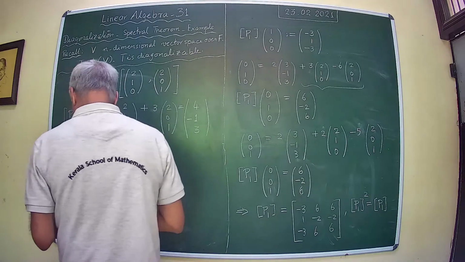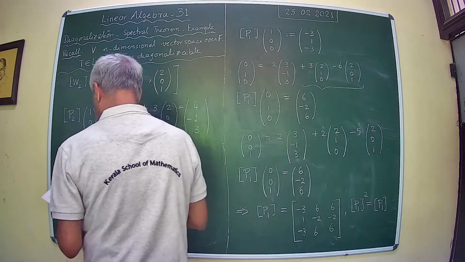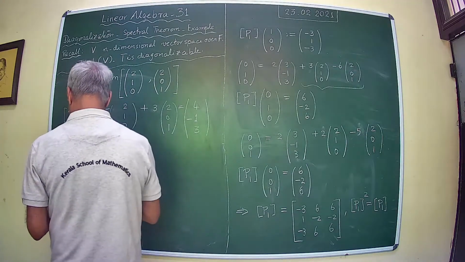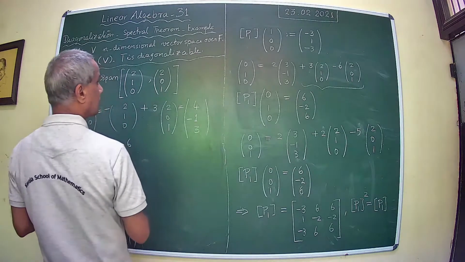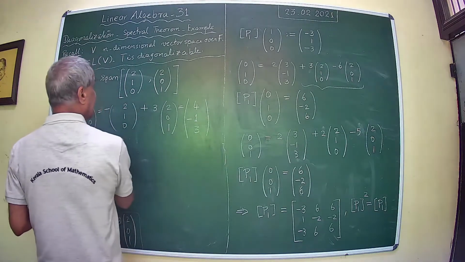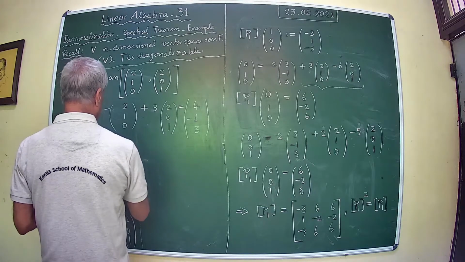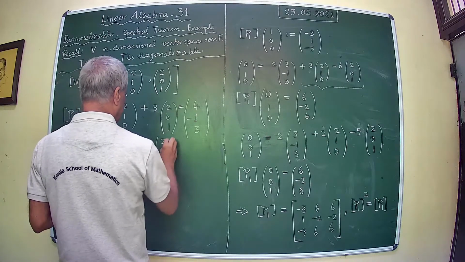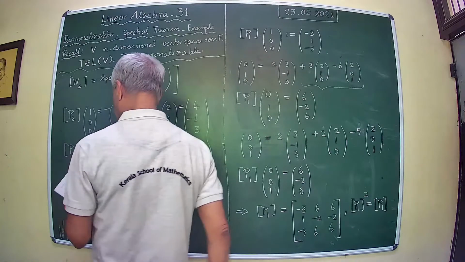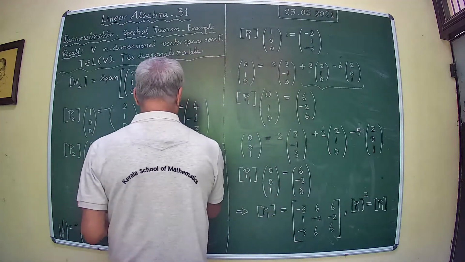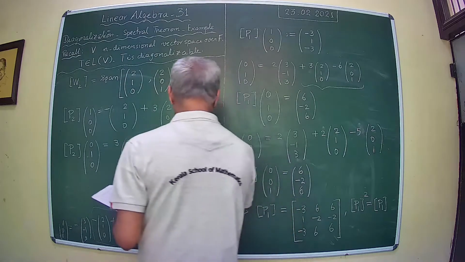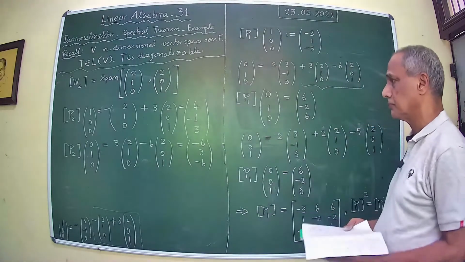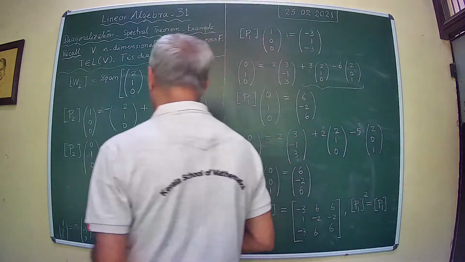So this is equal to, in fact, minus 6, or if you want I can write 3 times (2, 1, 0) minus 6 times (2, 0, 1), which is equal to minus 6. Correct.